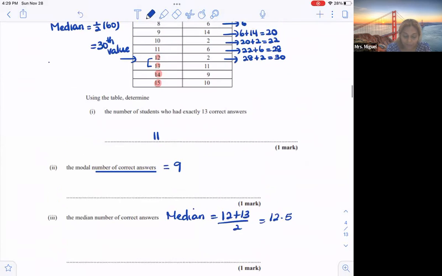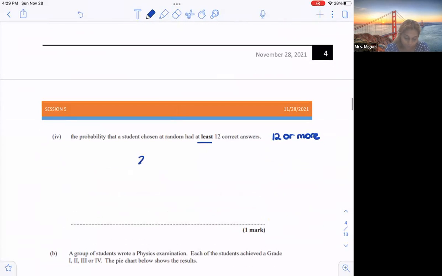So 12 correct answers, 2, 11, 9, and 10. So 2 plus 11 plus 9 plus 10 over the total number of students, which is 60. So find the sum of those numbers and write your answer over 60.